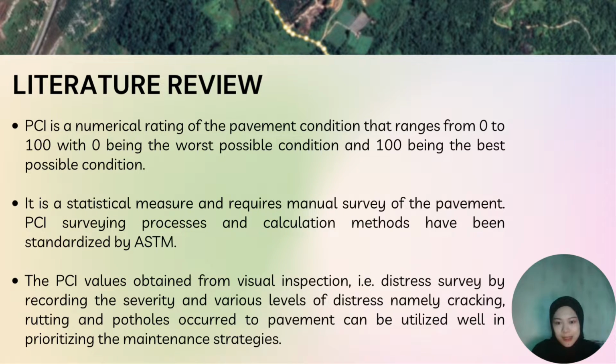PCI surveying processes and calculation methods have been standardized by ASTM. The PCI values are obtained from visual inspection, for example a distress survey, by recording the severity and various levels of distress, namely cracking, rutting, and potholes, that occur on the pavement, and can be utilized well in prioritizing maintenance strategies.